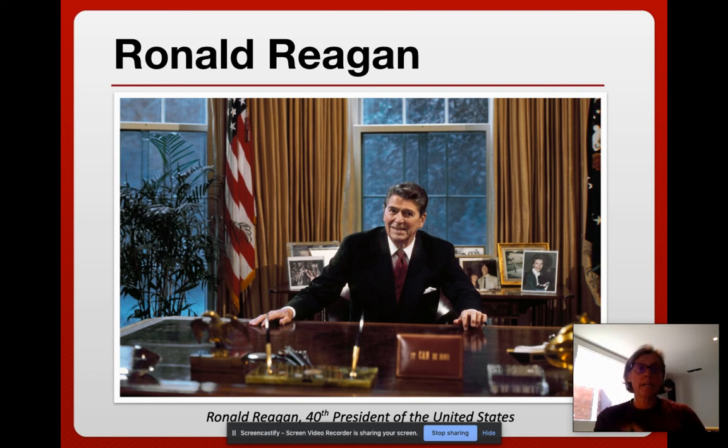Reagan, as a conservative Republican, ran on a campaign that would reduce the size of government, lower taxes, increase defense spending, and support states' rights. Typical conservative economic platform. He told voters that the best way to grow the economy was to cut taxes and reduce the size of the federal government, and he won that election by a landslide.